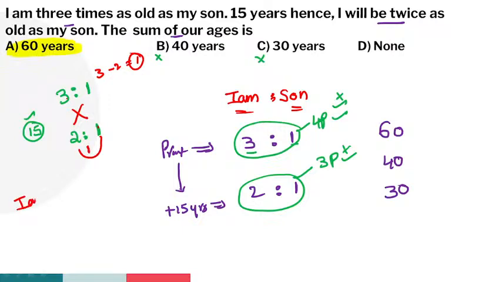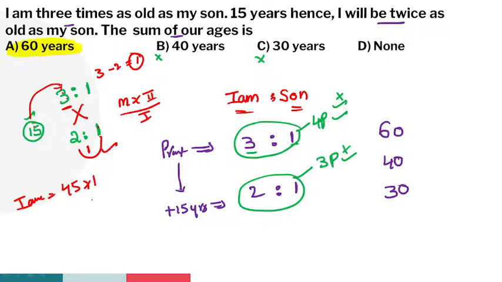First find out my age. Okay, I am how many times? So what is the third step? Multiplication into step 2 difference by step 1 difference, right? I am 3 times. After how many years? 15 years. So 15 threes are 45 into step 2 difference.